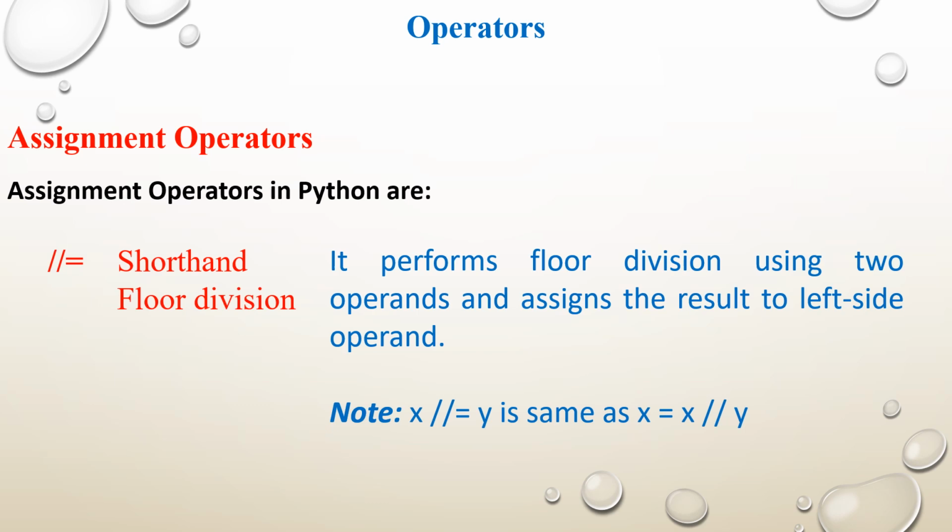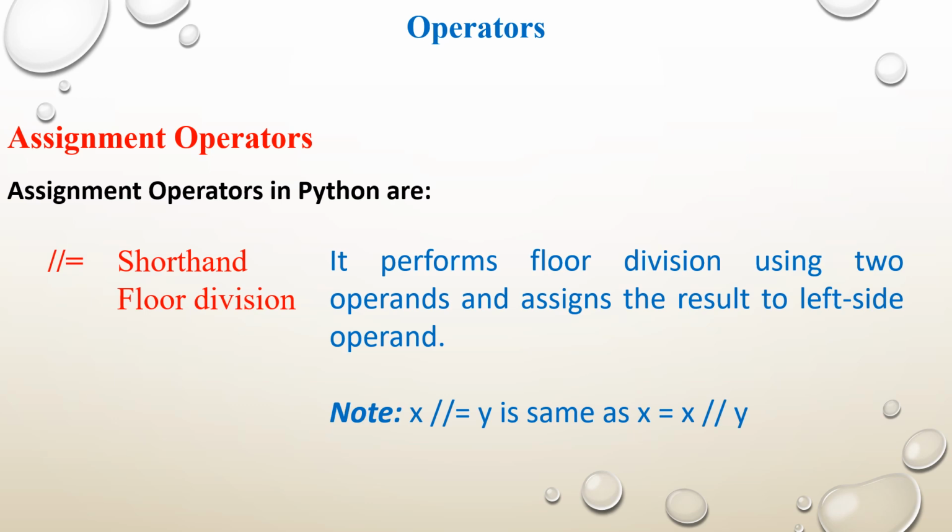Whereas in the case of shorthand floor division, it will return the answer as 2. x //= y is the same as writing x = x // y. It is called shorthand floor division. It just returns the integer part and the decimal part is truncated after the division operation takes place.